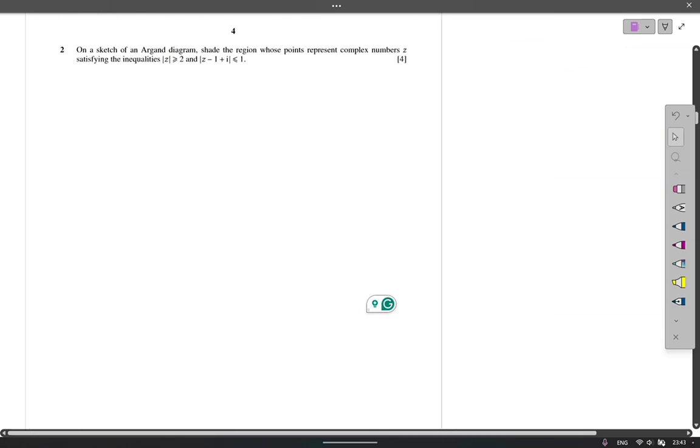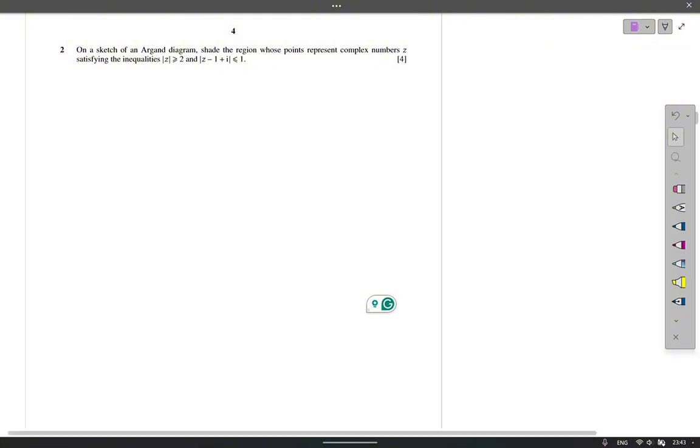Okay. The second question asks, sketch on an Argand diagram and shade the region whose points represent complex numbers z satisfying the inequalities: absolute value of z is greater than 2, and absolute value of z minus 1 plus i is less than or equal to 1.